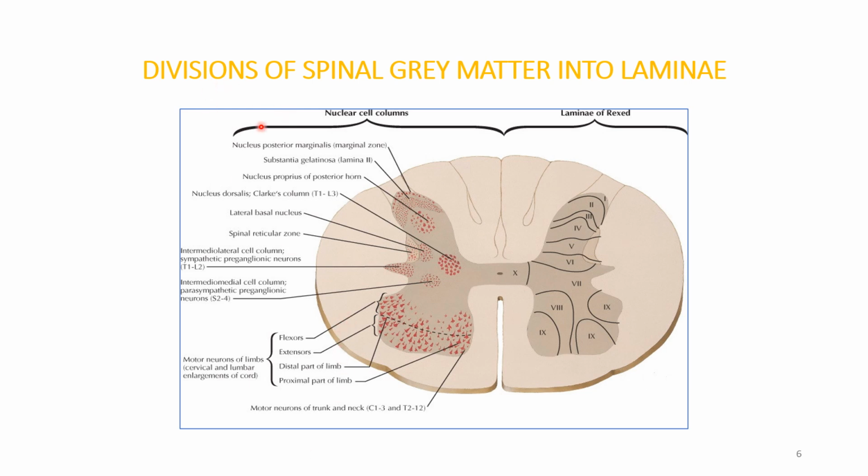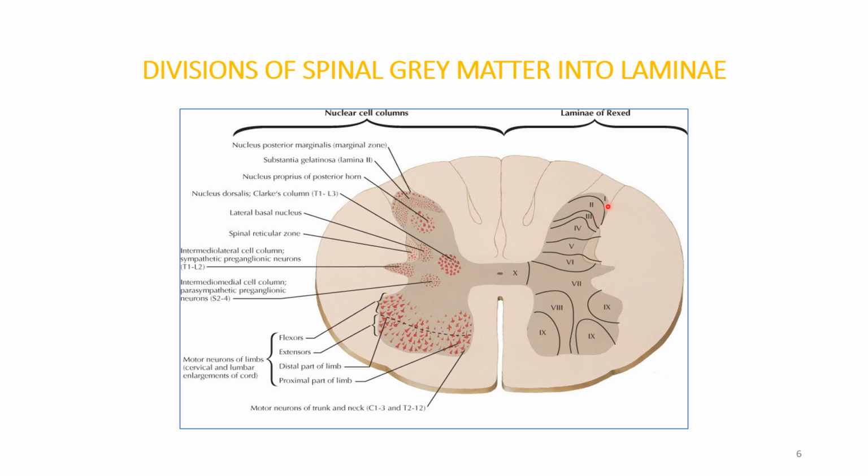So you can see these divisions of the spinal gray matter into laminae. It is divided into 10 laminae, called Rexed laminae, based on the scientist's name, Rexed. He divided the spinal gray matter into 10 divisions.